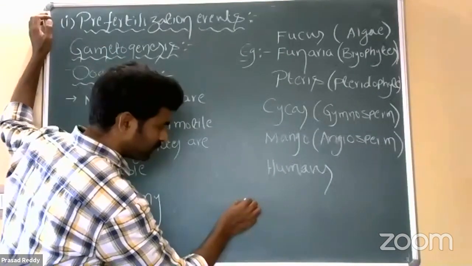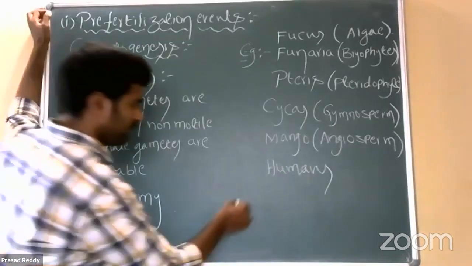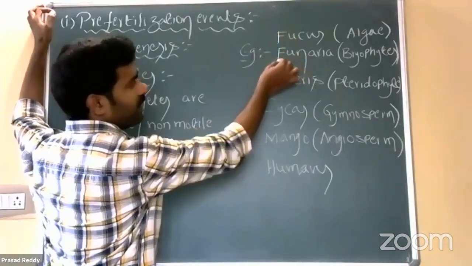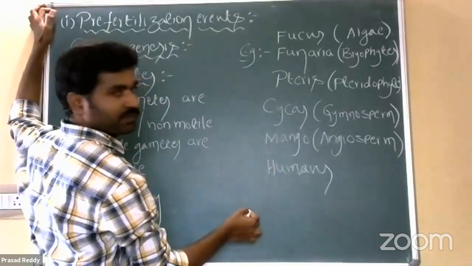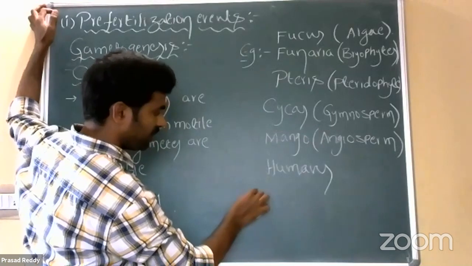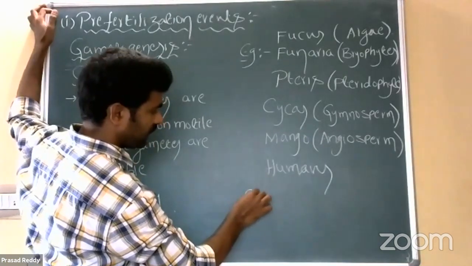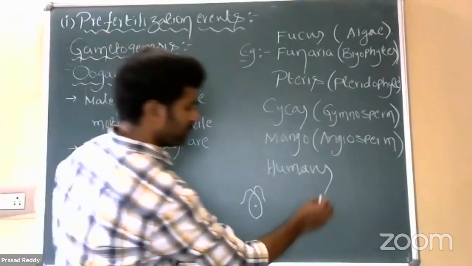In oogametes, the male gamete is motile, sometimes either motile or non-motile. But better to take fucus and funaria members, and pteris members also, where the male gamete is motile. But what about female gametes?